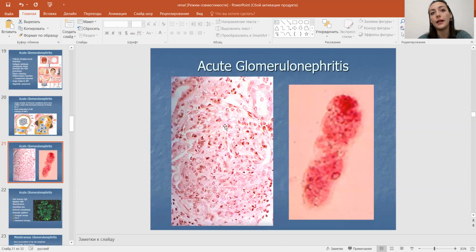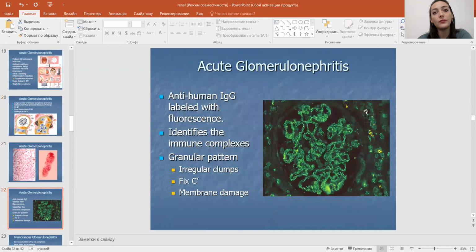Acute glomerulonephritis, you can see also in the glomeruli neutrophil infiltration. In immunofluorescence microscopy, you can see anti-human immunoglobulin G labeled with fluorescence identifies the immune complexes in a granular pattern.